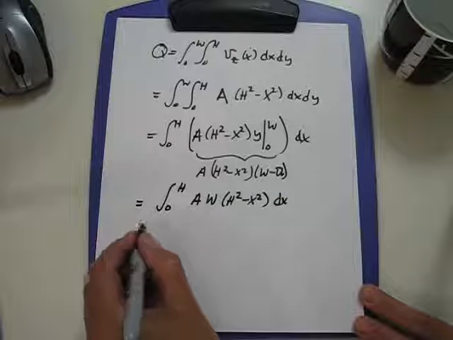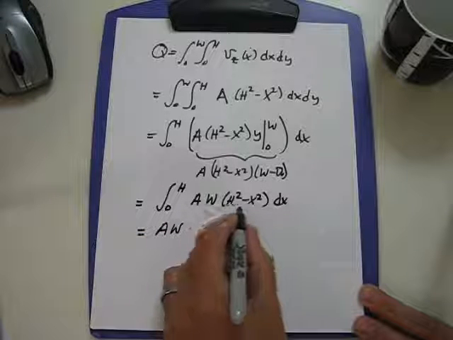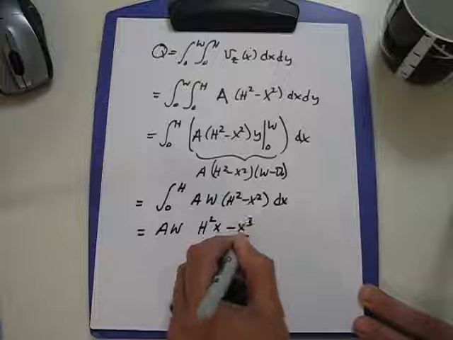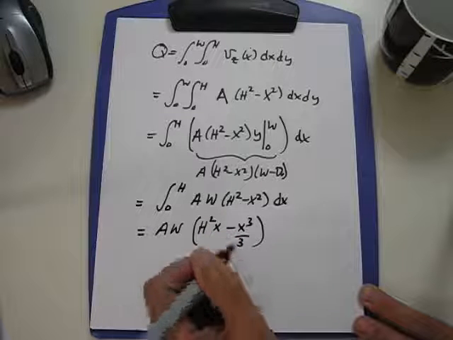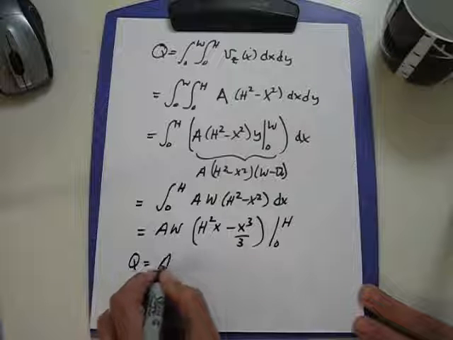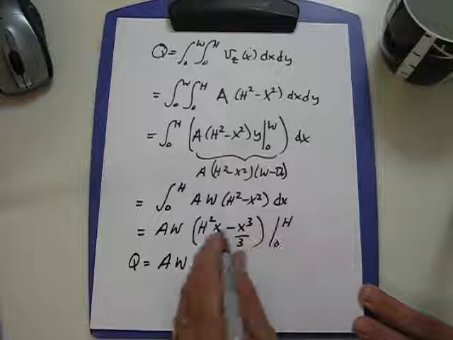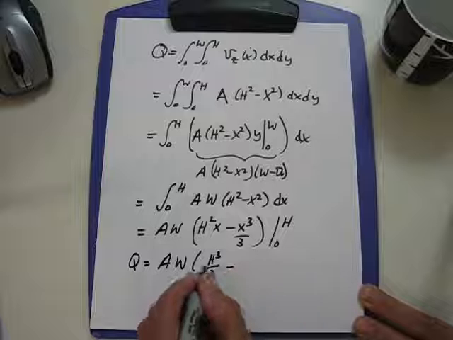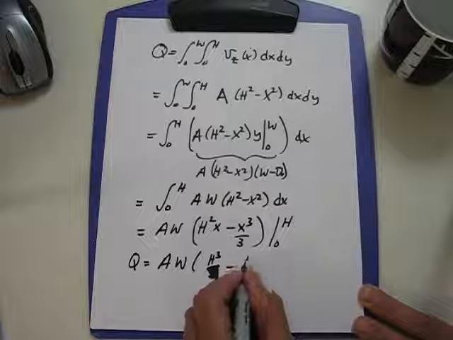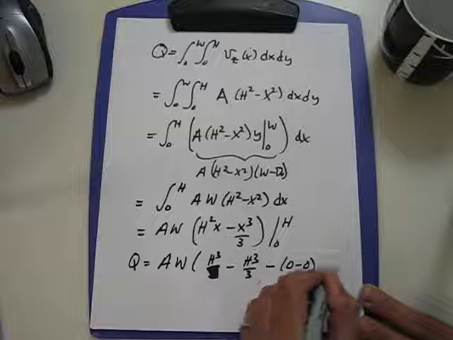And this is a simple integral as well. We'll move the a and the w on the outside. The integral of this with respect to x is h squared x minus x to the third over 3. And we evaluate from 0 to h. And we get a w times h to the third, putting h in for x, minus h to the third over 3, minus 0 minus 0.